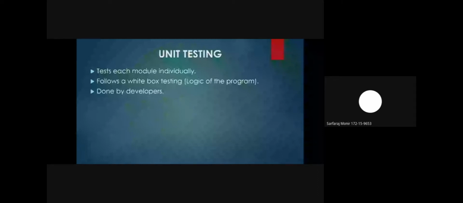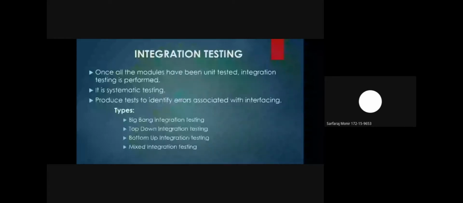Our presentation topic is software testing. Now I will discuss unit testing. Test each module individually, follows white box testing, that means logic of the program, done by developers. Integration testing. Once all the modules have been unit tested, integration testing is performed.